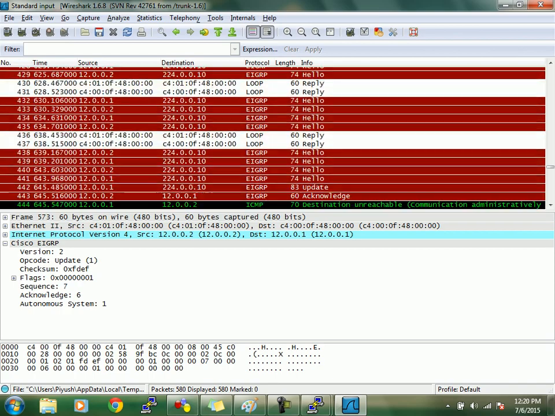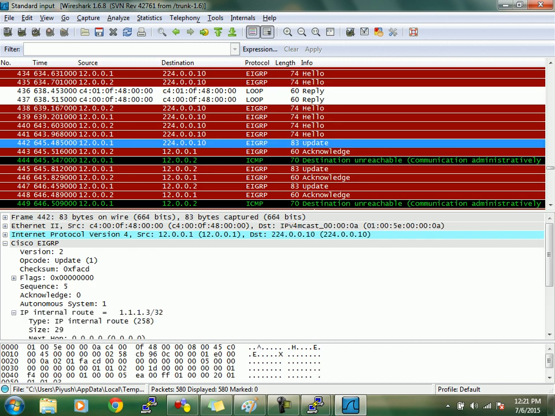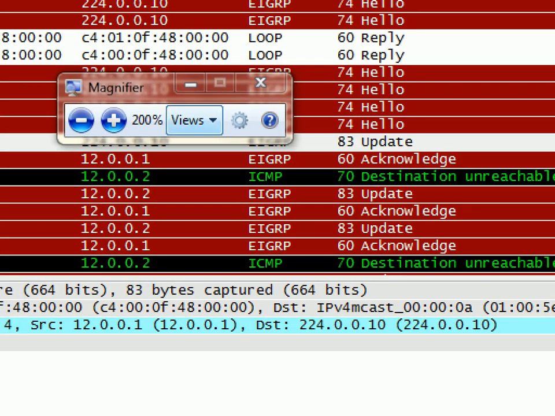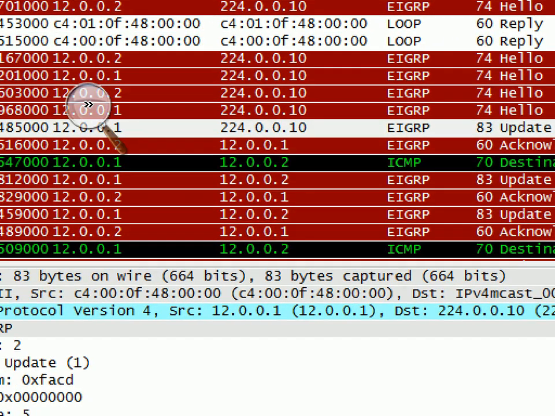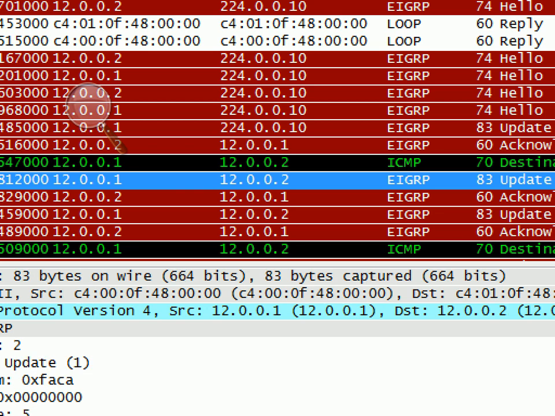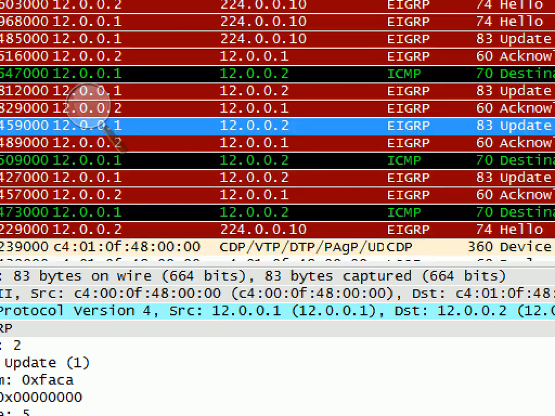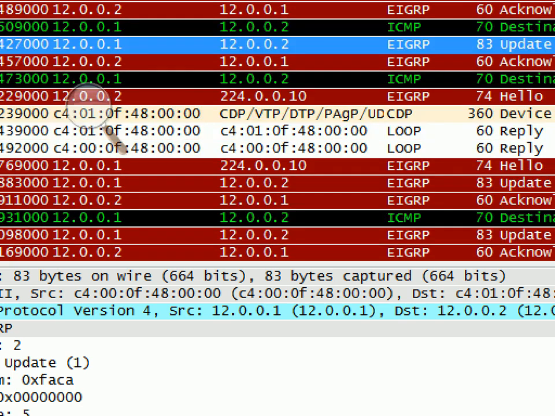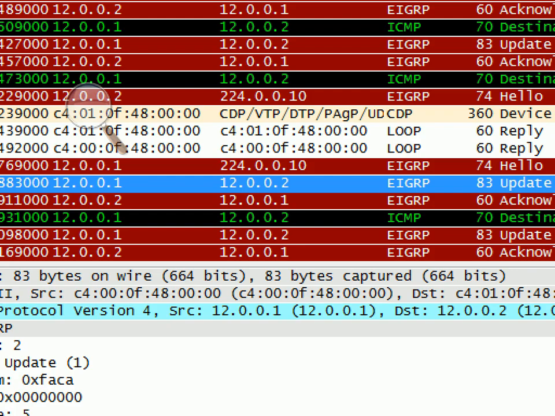Let's go up. Now see. First of all, the update was multicast. He tries to give the acknowledgement, but the acknowledgement was not accepted by R1 as I have blocked the traffic. Again he is sending the update, but this time the update is unicast.